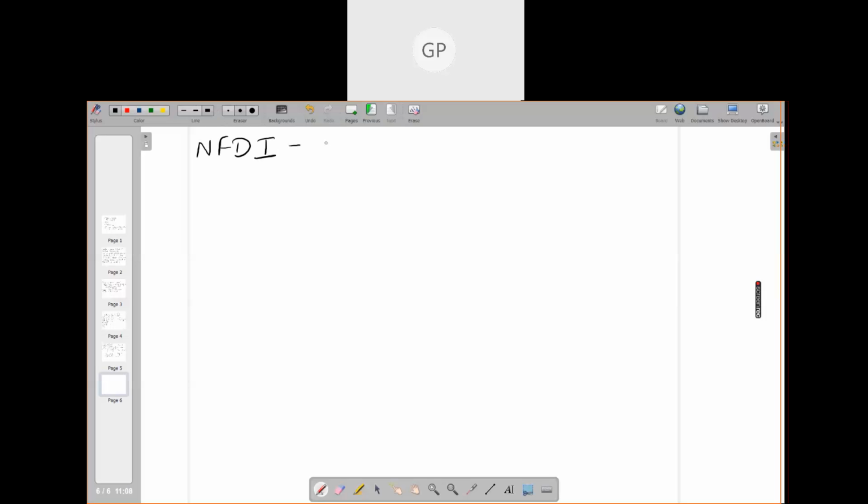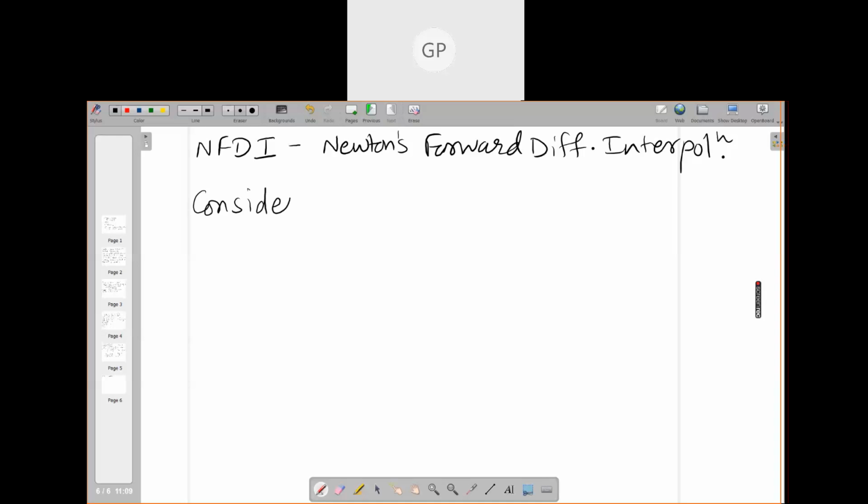In short, NFDI means Newton's forward difference interpolation. Okay. We are going to write a Scilab program for this. So the statement is, consider, all of you must write it simultaneously.